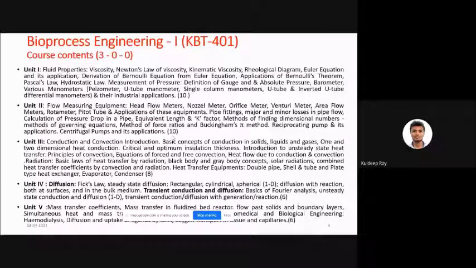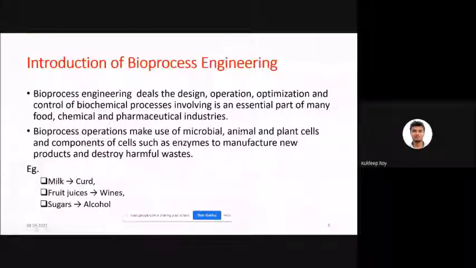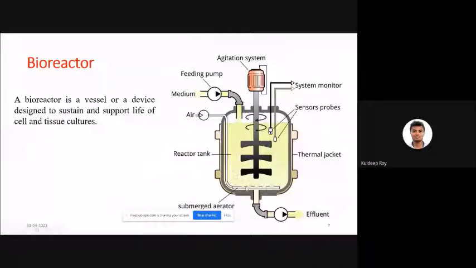Now let me show a few more things here. This portion, which I already told you, is related to your fluid mechanics application, and this is the portion where you will apply it. If someone asks where you will apply the orifice and venturi, then if you look at this reactor, in this aerated air portion, some people apply an orifice. Why an orifice? Because its bubble size is very small, and you need a smaller bubble.